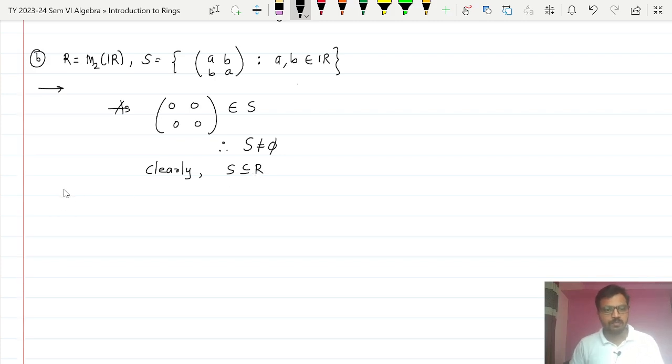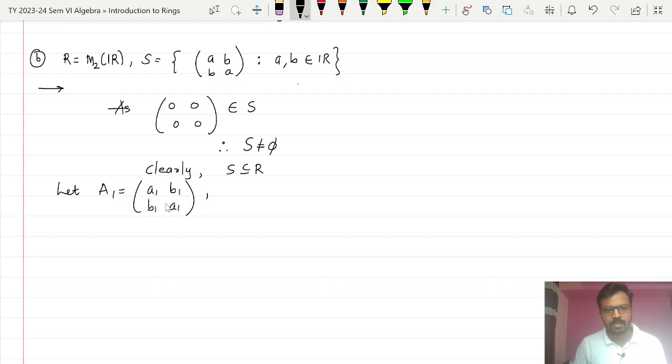Now directly we will move towards proving the two properties of a subring. In order to check whether the two properties hold or not, remember the question is to check whether it is a subring or not, right? So in order to check that, we are supposed to take two arbitrary elements of S. So again same notations, A1, B1, B1 and A1.